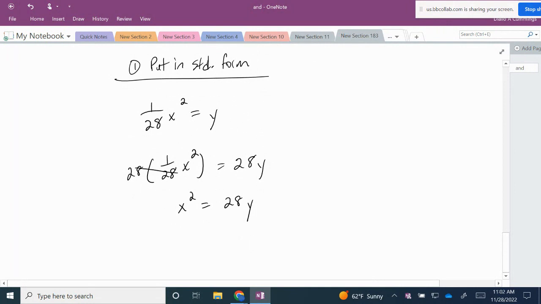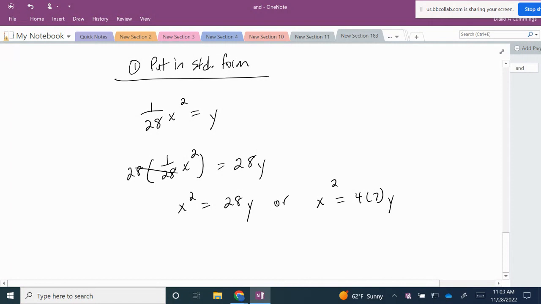Now, one thing I noticed is that in the homework set, sometimes they want you to factor out a 4. Right? So we can kind of isolate the value for p. So we can write our standard equation form as either x squared is equal to 28y or x squared is equal to 4 times 7 times y.